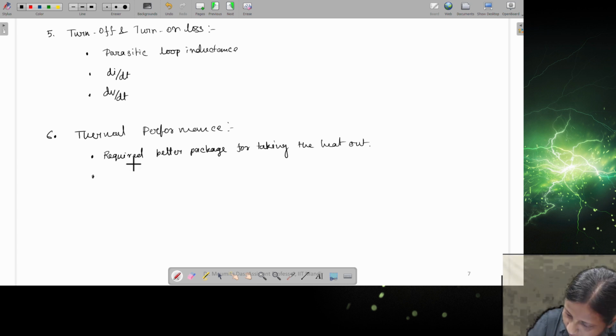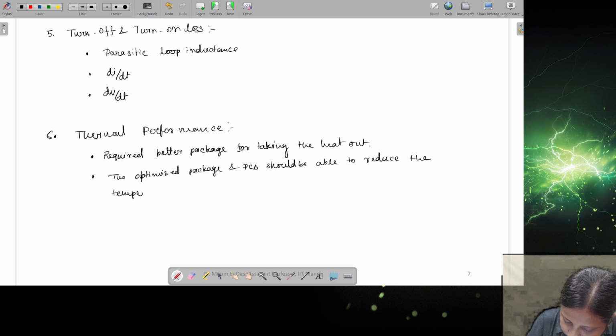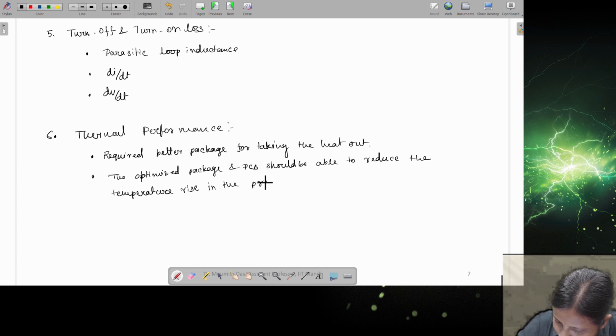This also requires an optimized package, and the PCB should be able to reduce the temperature rise in the presence of power converter loss.